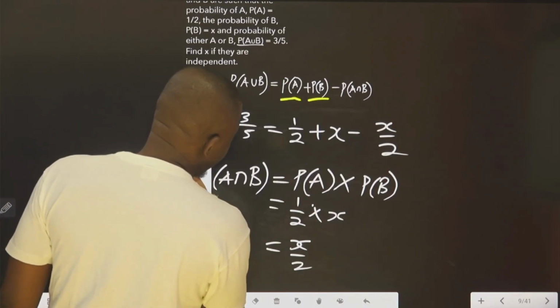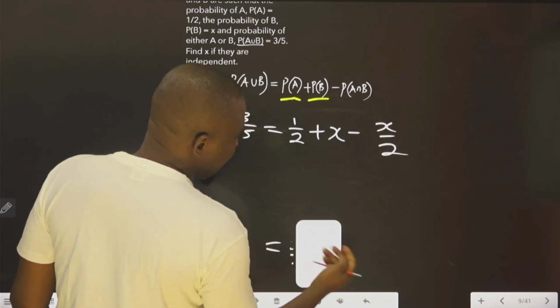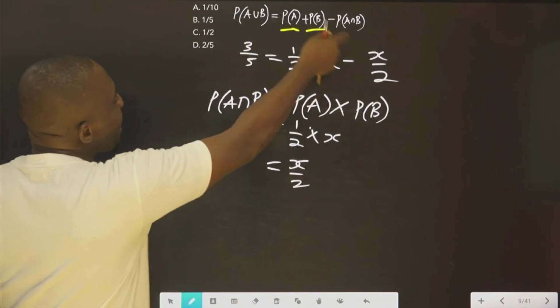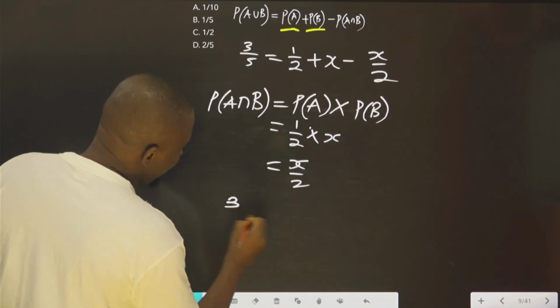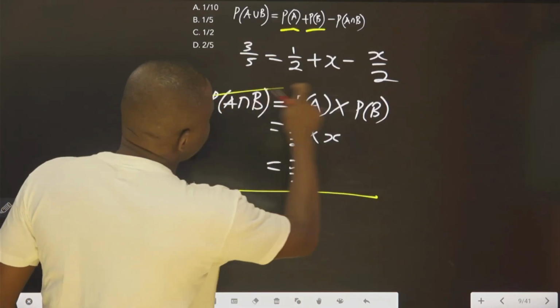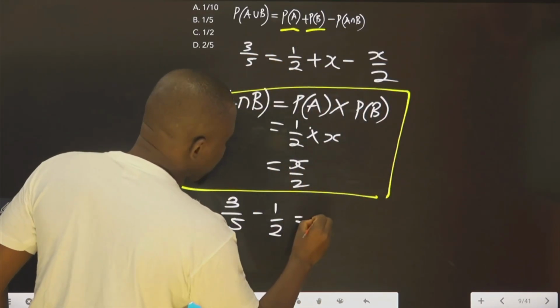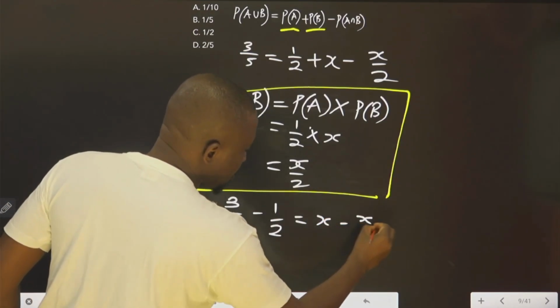So with this now, you understand, okay? Let me know, because some people might want to copy. Let me carry this and come down. That is 3 over 5. We put this one here, minus 1 over 2 equals x minus x over 2.